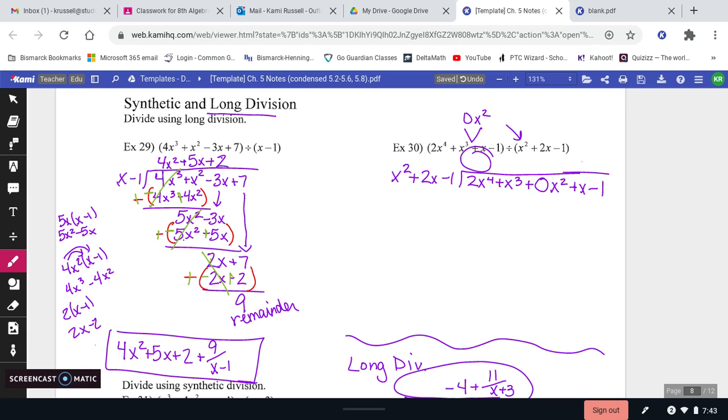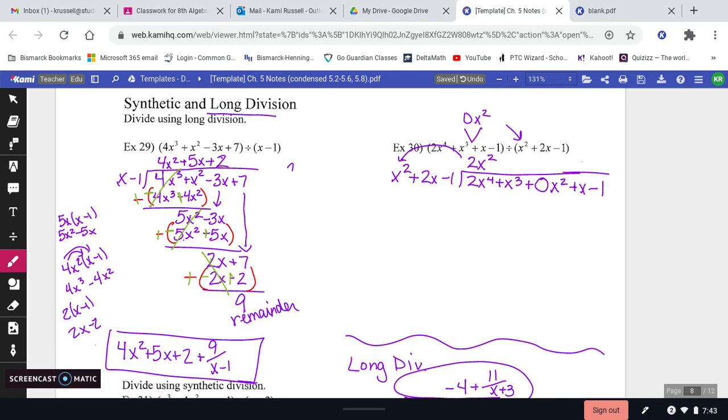I'm looking for something that's going to go here so that when I multiply times x squared, it needs to match that 2x to the fourth. So we need a 2x squared.